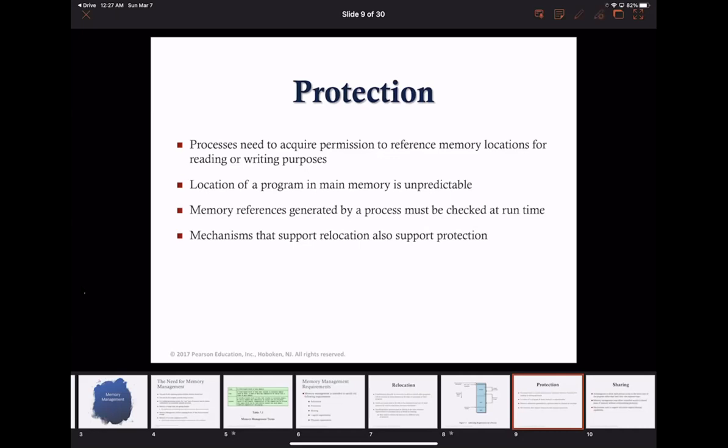It is only possible to assess the permission of a memory reference, whether it's a data access or even a branch instruction, at the time of execution of a given instruction. It's really a hard task, so that's why the processor, at the hardware level, should be assigned such a task.